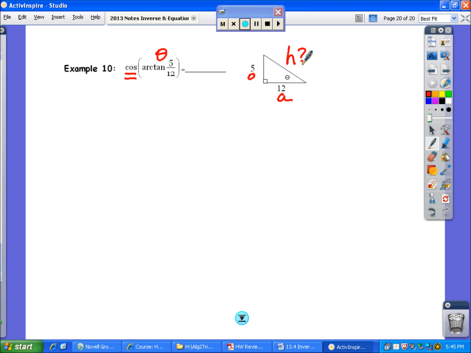Hopefully you remember your Pythagorean triple. So the hypotenuse is 13. Now they ask us cosine. What's the cosine of this angle? Cosine is adjacent over hypotenuse. So the cosine of theta is equal to 12 over 13. That's our answer, 12 over 13.